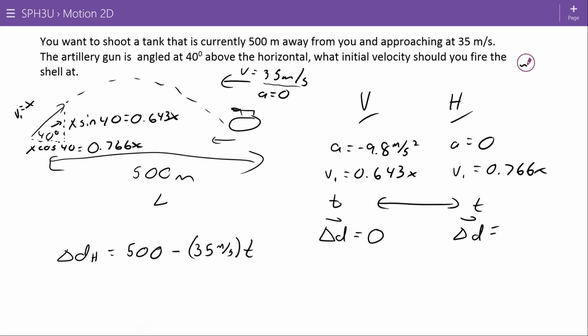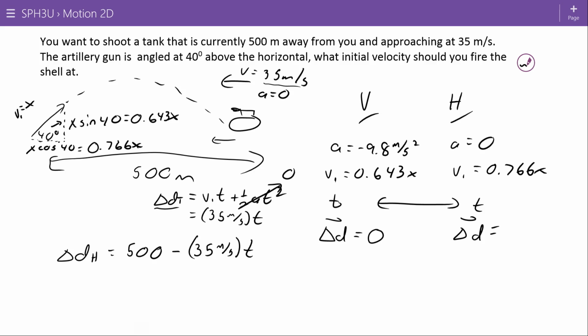This is a simplified thing, recognizing that acceleration equals 0. If we use the delta d, and this time we're talking for the tank, we would say that it was equal to v1t plus 1/2 at squared. The at squared goes to 0, so we really just have v1t, which is 35 meters per second times t. Any displacement by the tank is going to come out of that 500 meters.